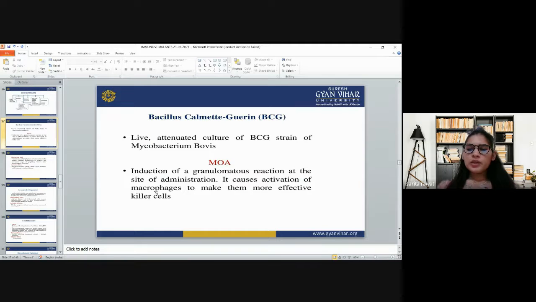Now, when we talk about BCG, it is a live attenuated culture of BCG strains of Mycobacterium bovis, and the mode of action includes induction of granuloma reactions at the site of administration, and it causes activation of macrophages to make them more effective killer cells.